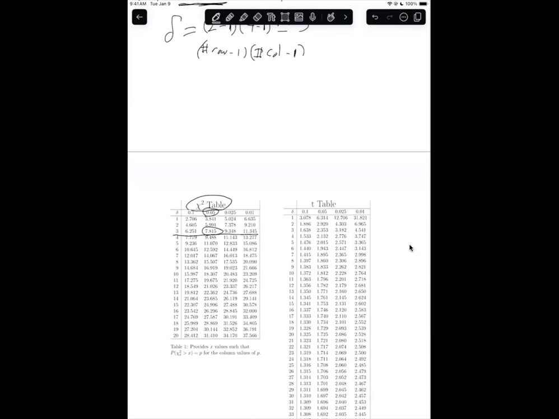So my critical value is 7.815. So if we draw a number line, we have 0, 7.815. If my test statistic is bigger, that's when we reject the null hypothesis.